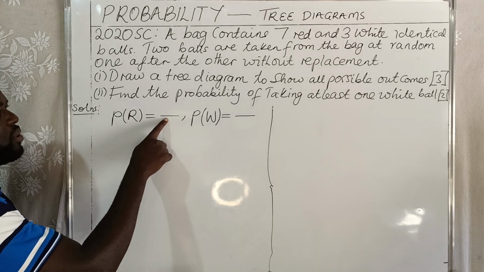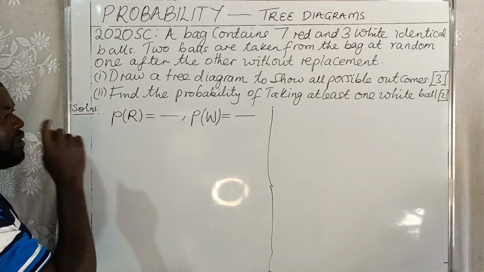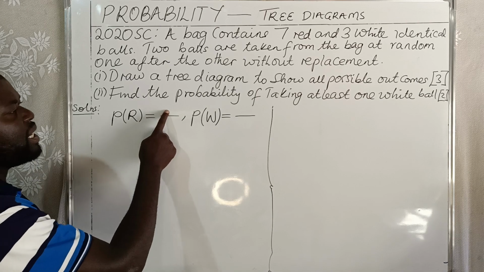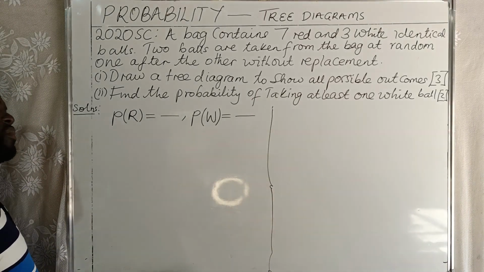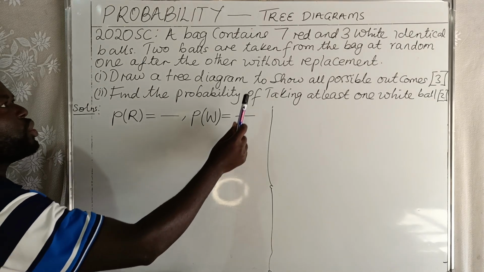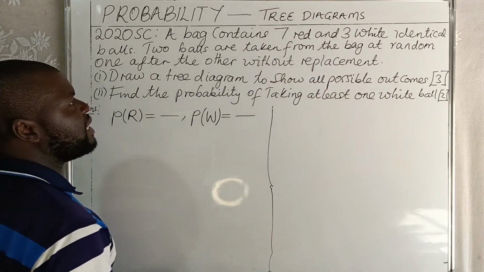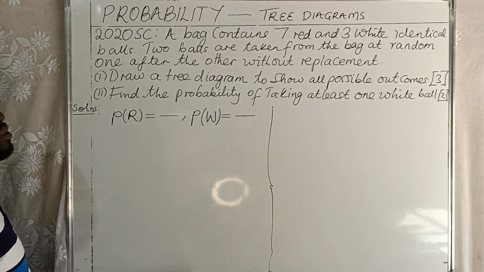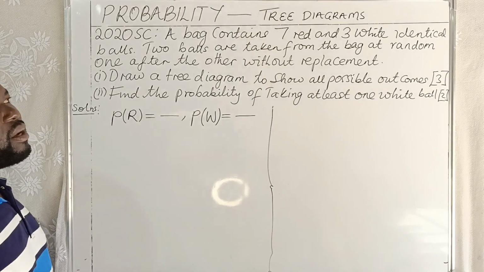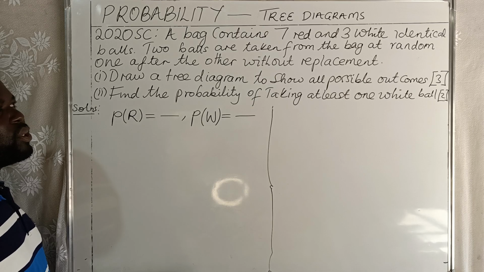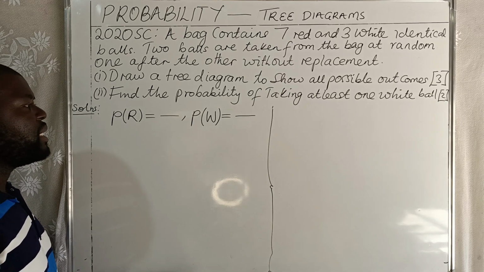So we are going to have a denominator here and here, and a numerator here and here. The denominator is the total number of items under discussion. In our case, we are talking about identical balls, 7 red and 3 white.